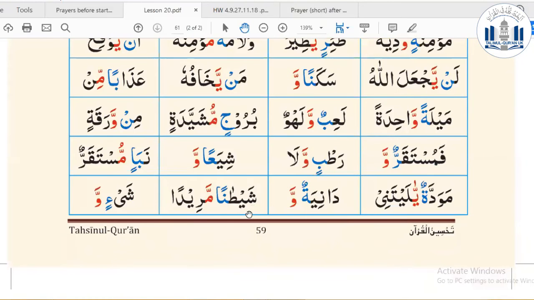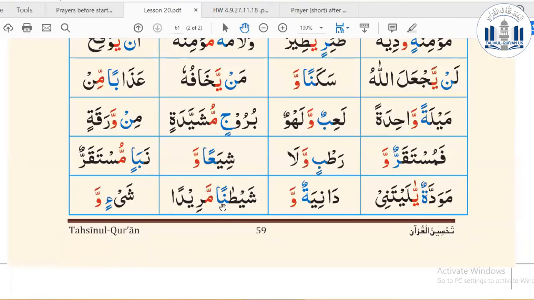Can you start from here? Shaitan marida. Okay, the dal has a tanween on it, so marida. Well done. And this one you did really well. When you're joining this and this together, you must hold the meme sound in your nose for 2 seconds whilst you're doing it.